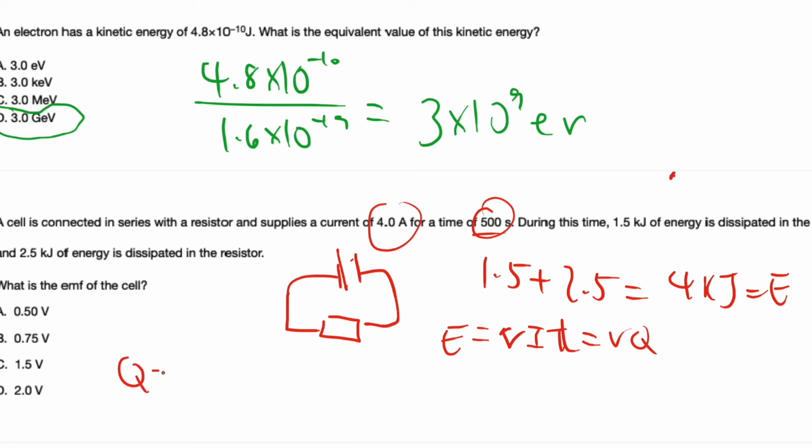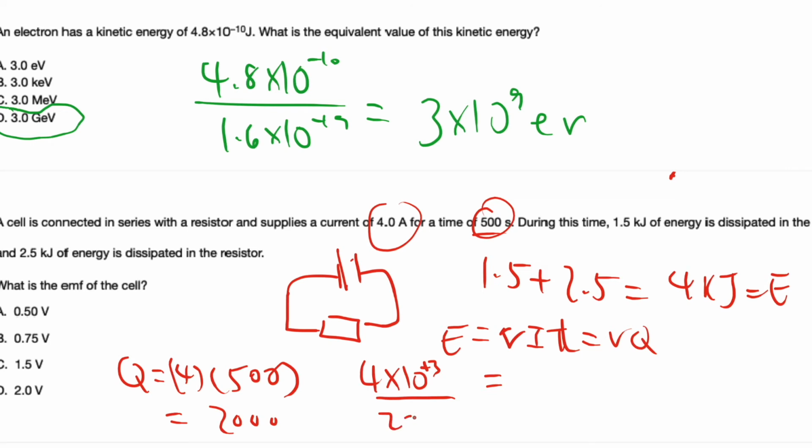So charge is going to be equal to 4 times 500, which is going to be equal to 2,000. Right. So now I can calculate voltage, but you need to convert kilojoule to joules. So 4 times 10 to the power of positive 3 over 2,000.